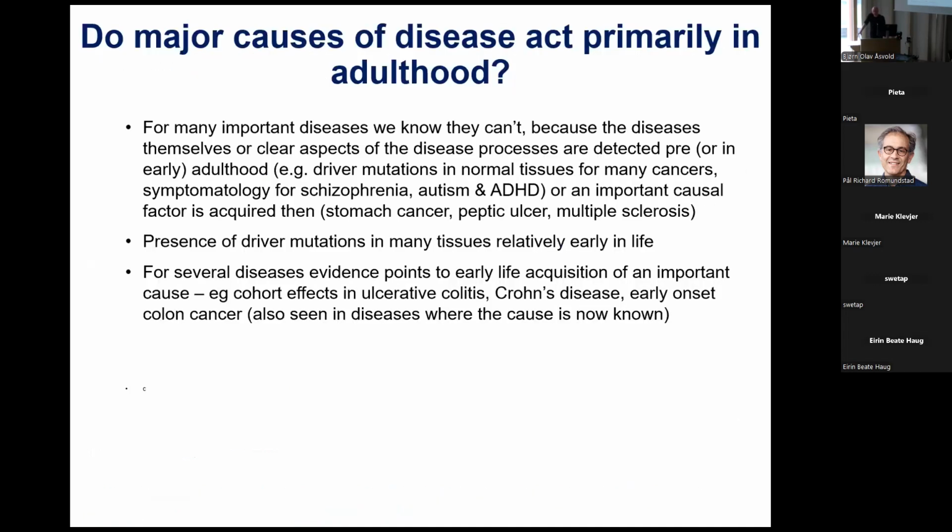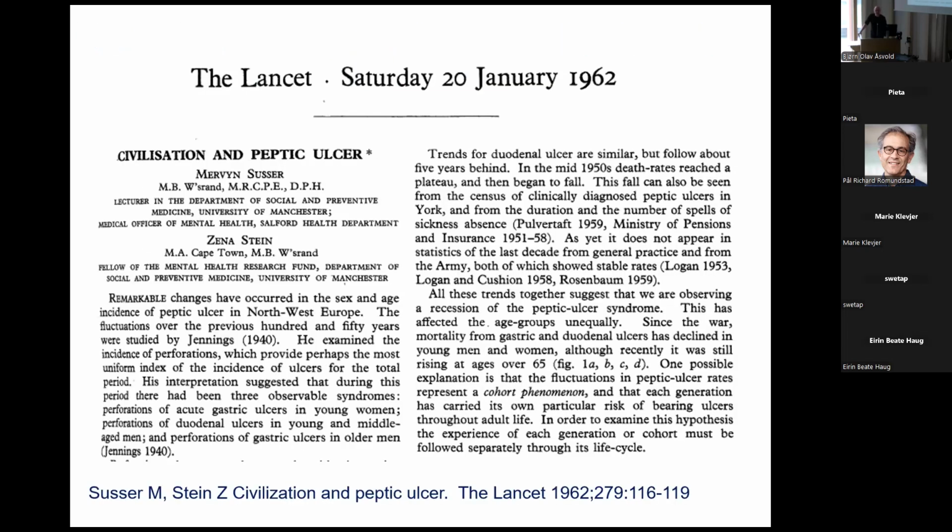So for several diseases, evidence points to early life acquisition as an important cause, and classic epidemiological studies of cohort effects: ulcerative colitis, Crohn's disease, peptic ulcer, for example, possibly early onset colon cancer, which I'll come back to. This is also seen for diseases for which the cause is now known, such as peptic ulcer.